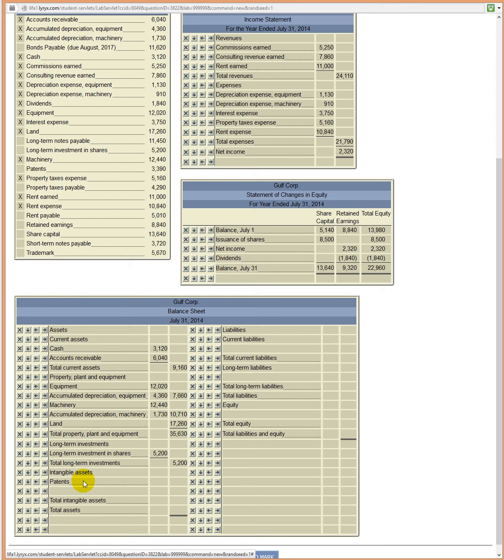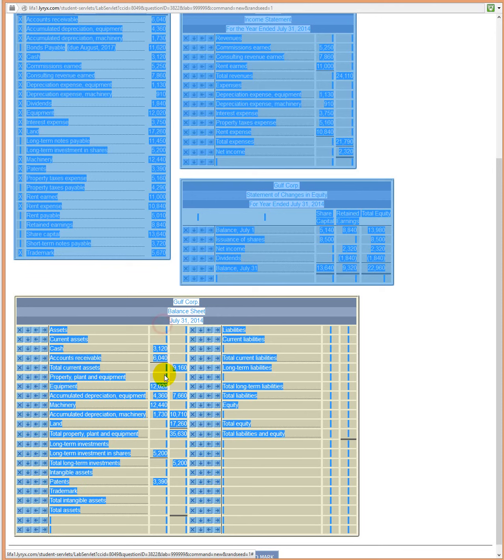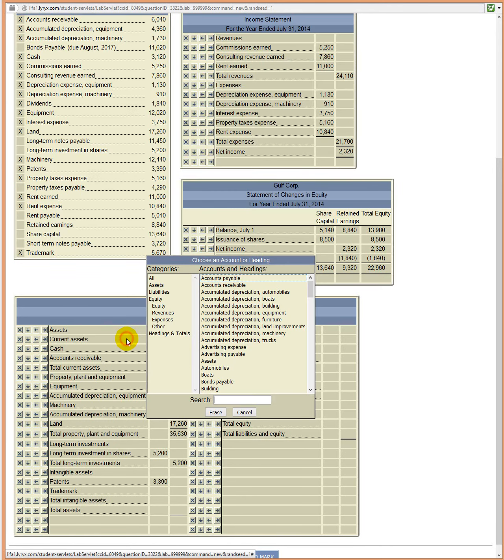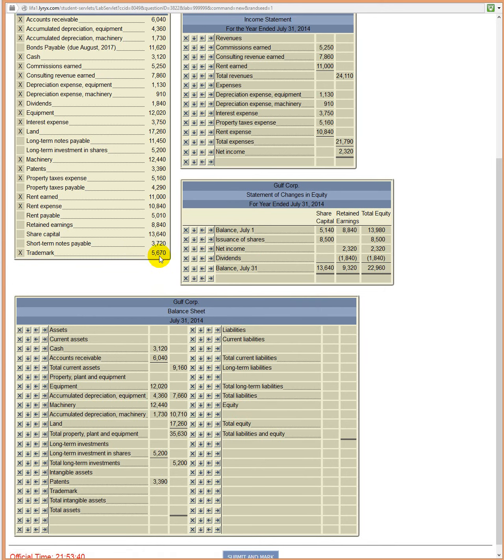So patents for 3390, and a trademark for 5670. Okay, last one there. Oops, didn't mean to do that. Try that again.